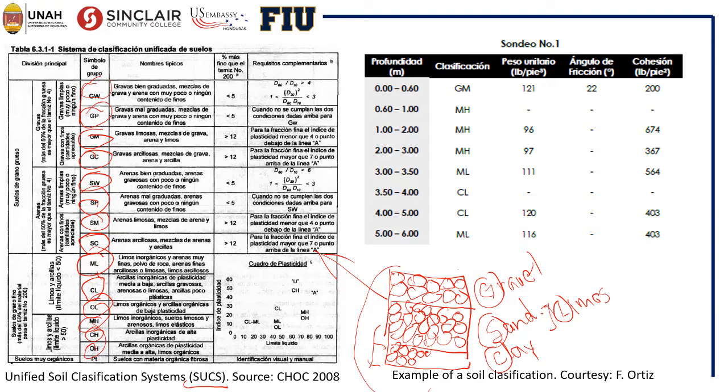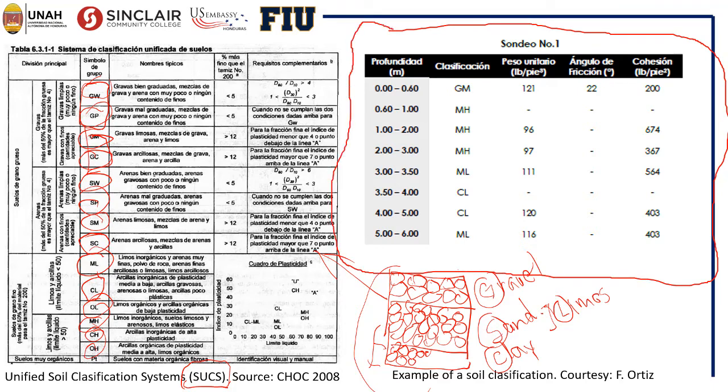As you can see, this grain size, which is given in the SUCS soil classification, is in this example table, and on the right-hand side you can see an example of the soil classification given by a geotechnical report.